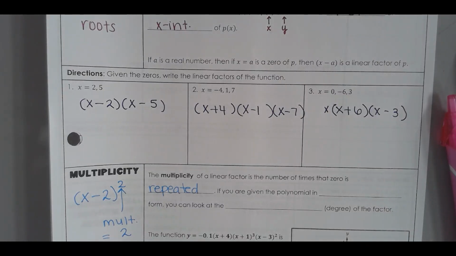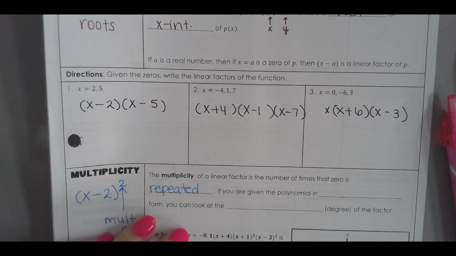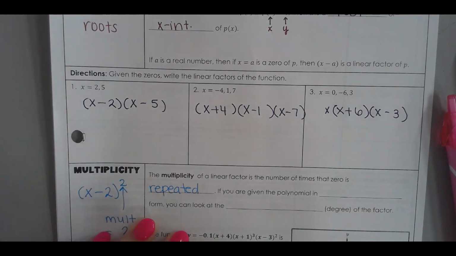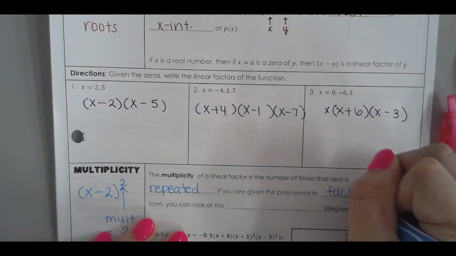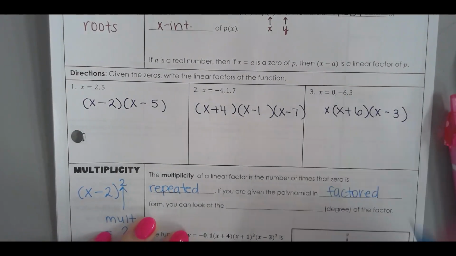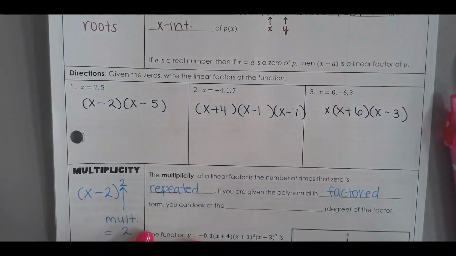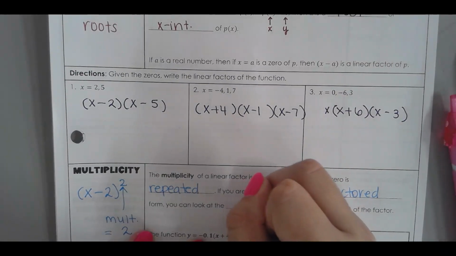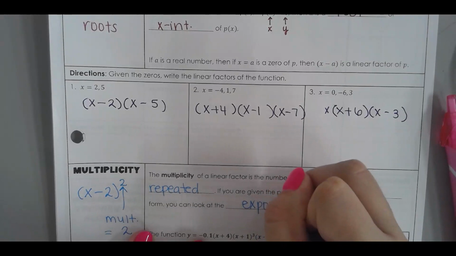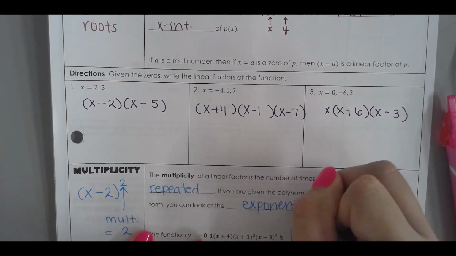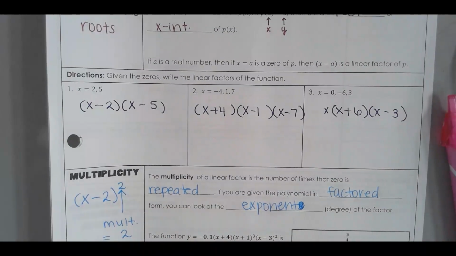So multiplicity is when you have everything factored. So in all of the examples, you have like x minus 2, x minus 5, that's in factored form. If you're given the polynomial in factored form, you look at the exponents. If there's no exponent, it would just be one, of the factor.